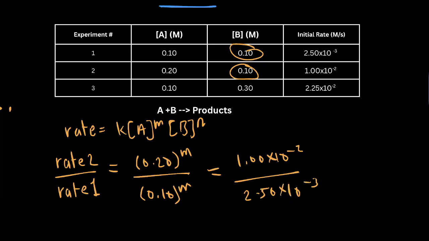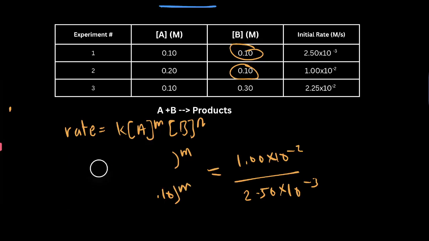Now, if we simplify this a little bit, we can get rid of this. We know what they're talking about here. But first, let's do this in case you don't remember your exponent rules.